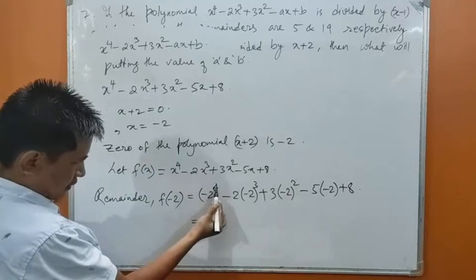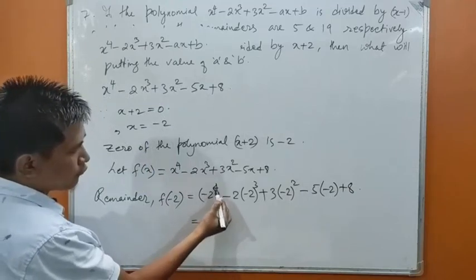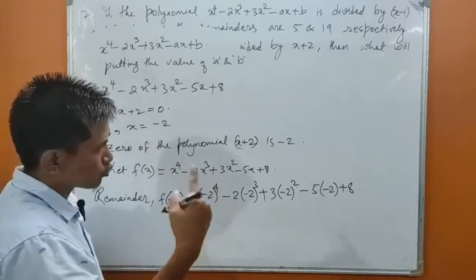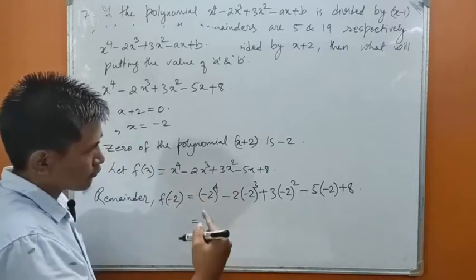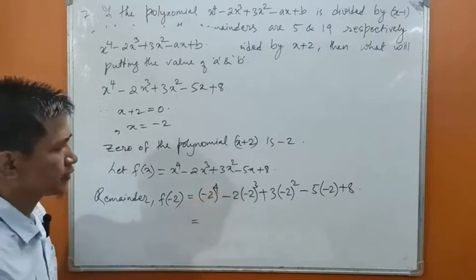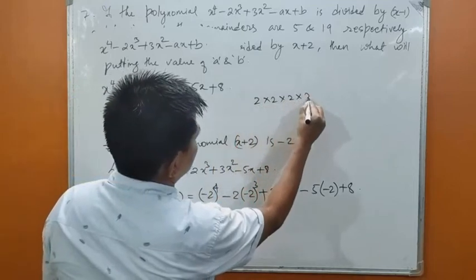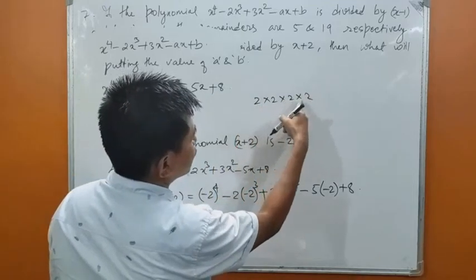This power is even, so the minus sign changes to plus. 2 to the power 4 means 2 multiplied 4 times: 2 into 2 into 2 into 2. 2 to the 4, 4 to the 8, 8 to the 16.